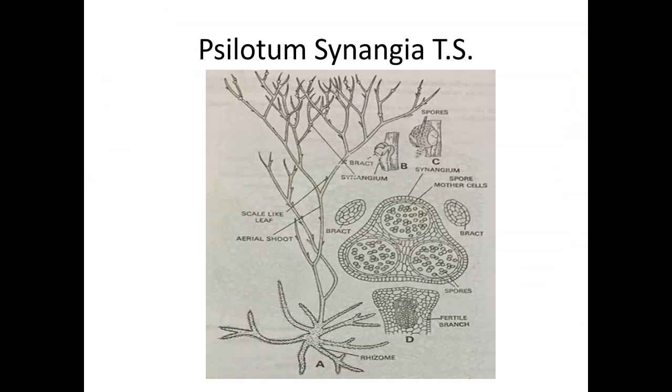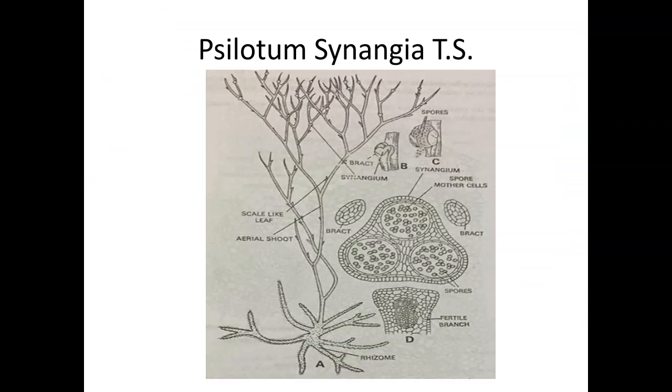Psilotum, now the TS of synangia. Now see here, in case of Psilotum plant, it has undergone a structure known as rhizome. Rhizome gives rise to rhizoids only.